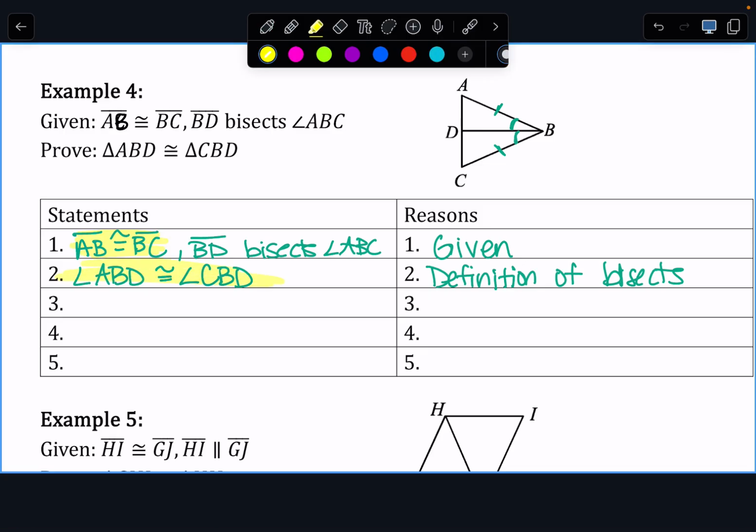Okay, so there's a side, there's an angle. How do I get my second side? BD is congruent to itself, so we can use the reflexive property on DB or BD, I don't care.